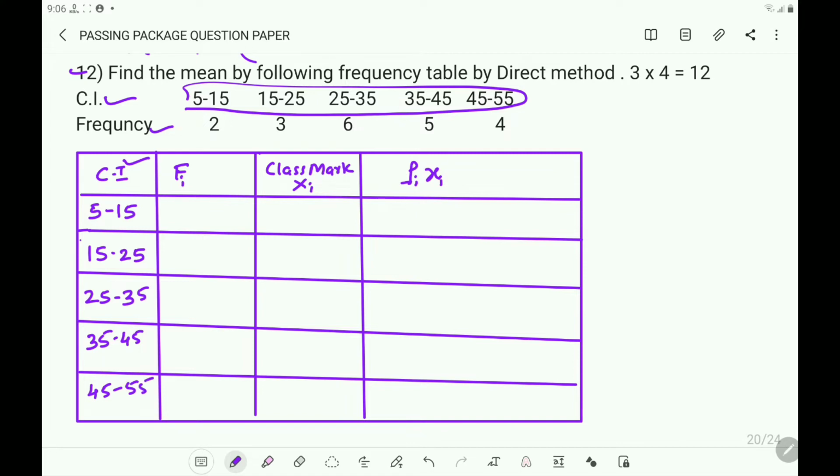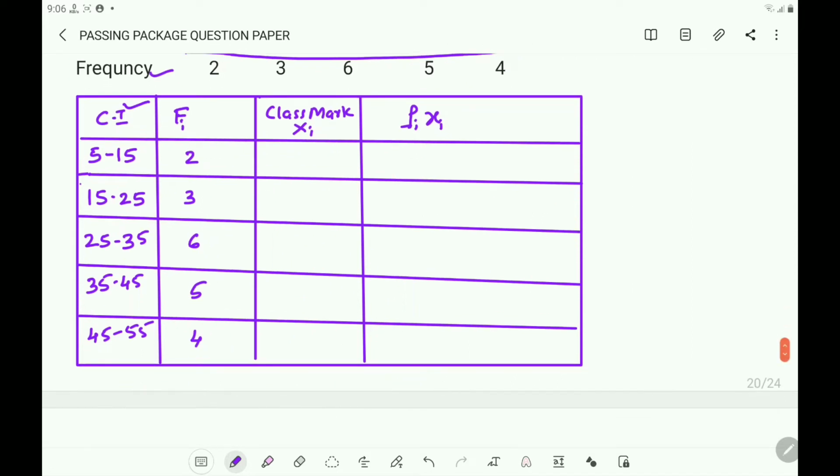And you write the corresponding frequencies: 2, 3, 6, 5, 4. Also write the sum of all the frequencies, summation of Fi: 2 plus 3 is 5, 5 plus 6 is 11, 11 plus 5 is 16, 16 plus 4 is 20. Right, it is 20.